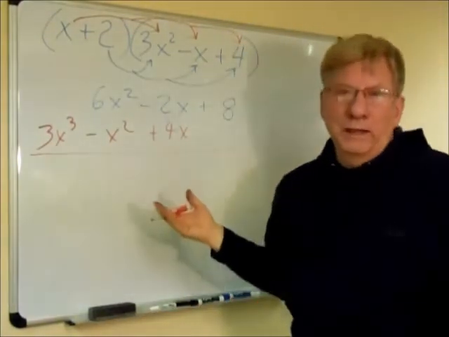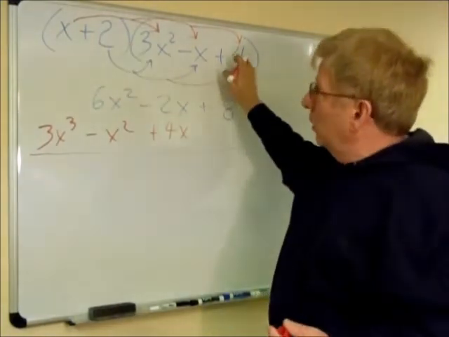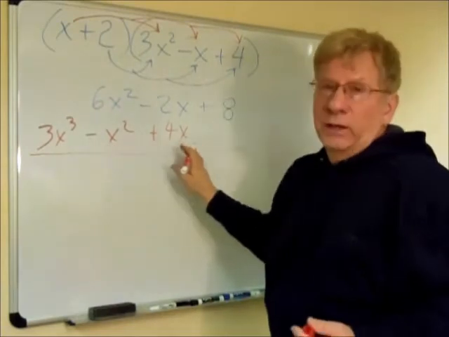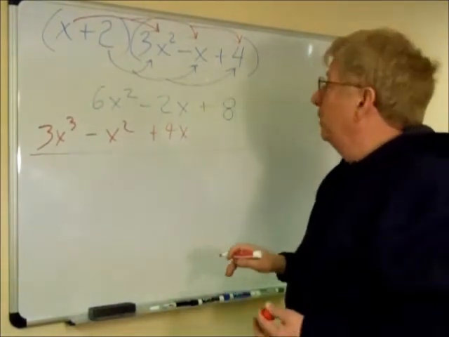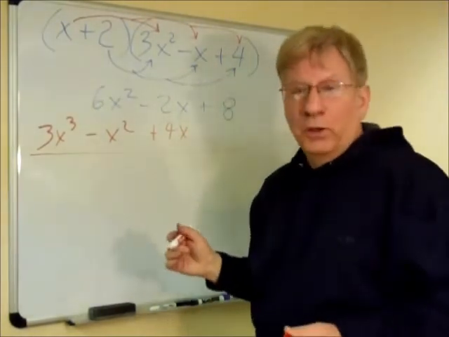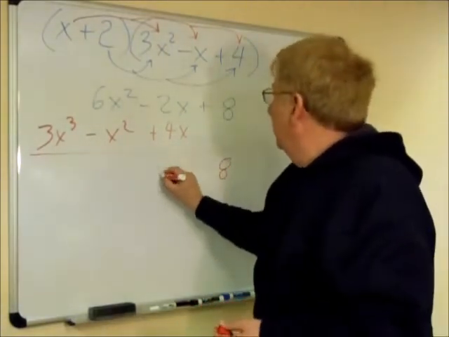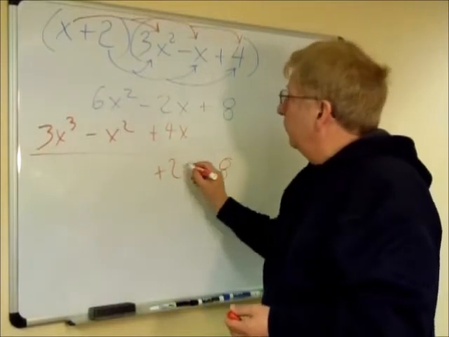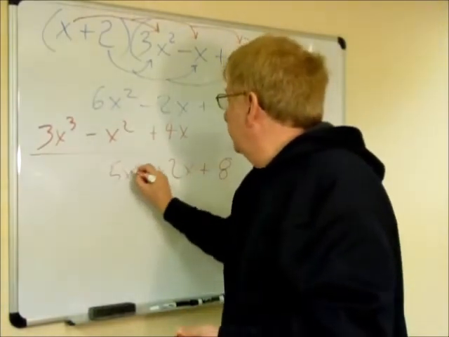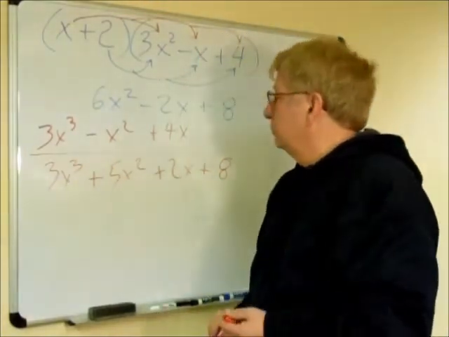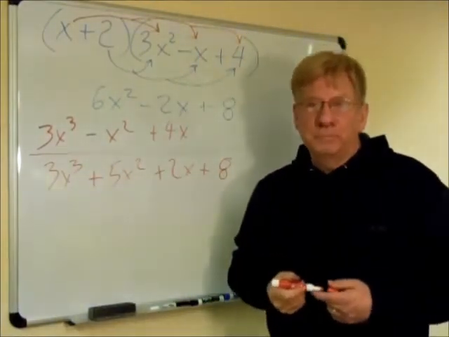And again, we get to adding these two. We distributed 2 across for the first line. We distributed x across for the second line. We add them together. Not much difference between vertical and horizontal in this case. So we end up with 8, 2x, 5x squared, and 3x cubed. Same result.